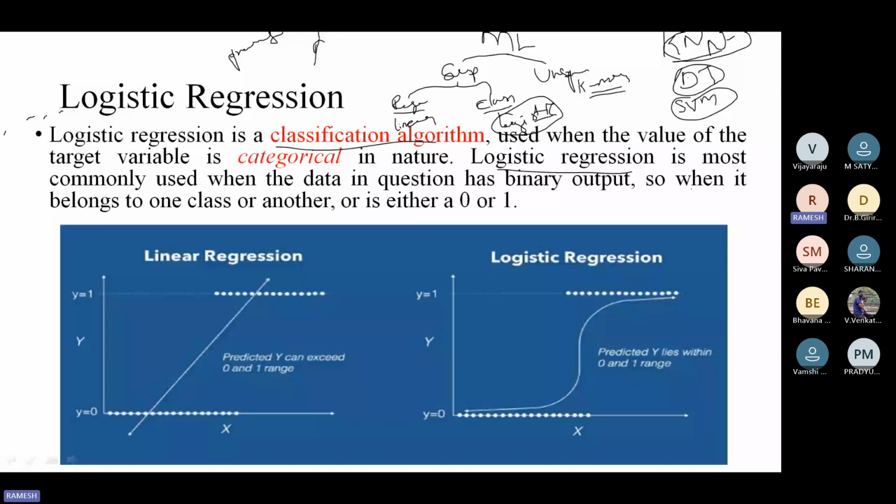We need to form an equation, and y = mx + c is the basic equation we take, and then find a suitable m value and a suitable c value. Methods that provide a best fit equation for the given data are called parametric methods. Logistic regression is one such method, and linear regression and SVM are also parametric methods.